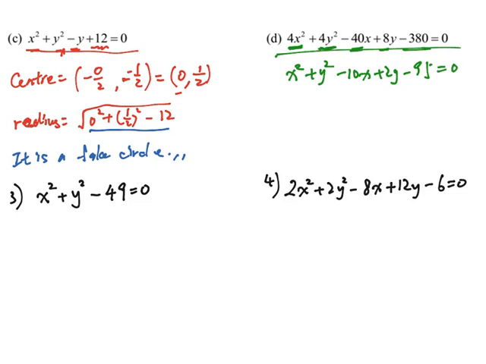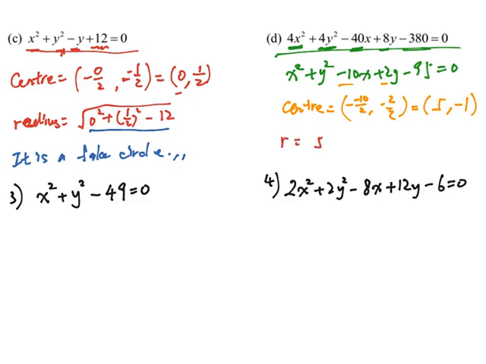Then we can find the center. So negative 10 over 2 and then negative 2 over 2. So we can get 5 and negative 1. Then we will find the radius.